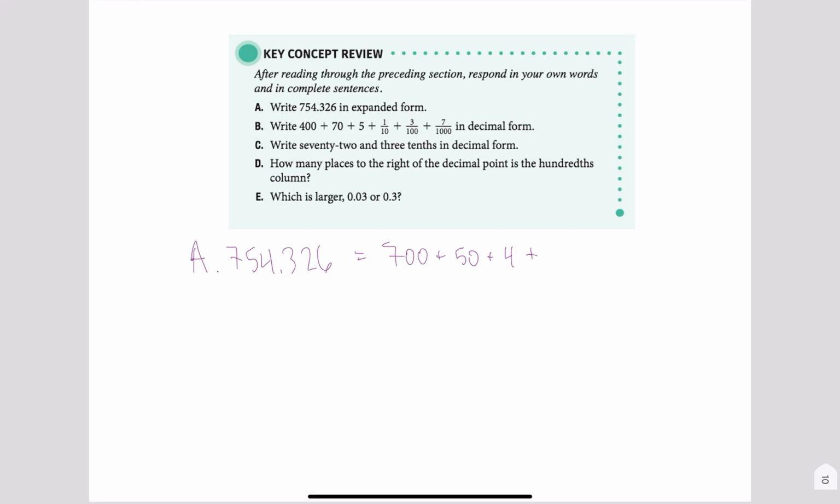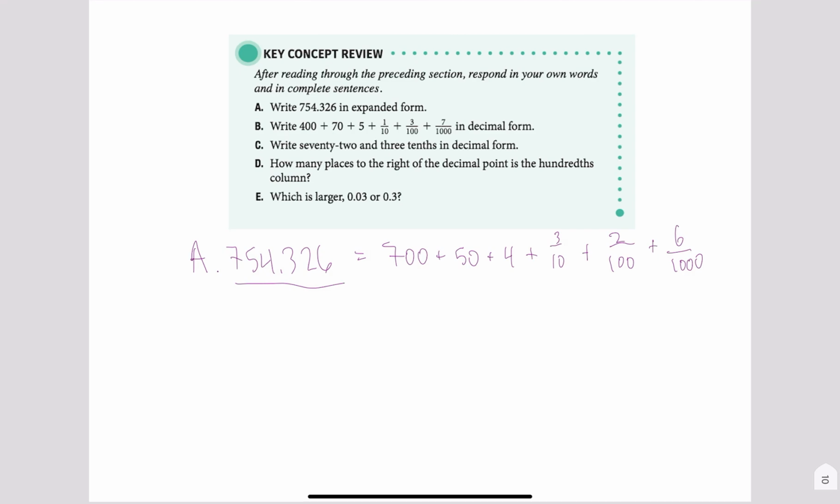So in this case, 3/10, plus 2 is in my hundredths place, so that's 2 hundredths, plus 6 is in my thousandths place, so that's 6 thousandths. And so since they're in order, they represent all the digits of my original number.